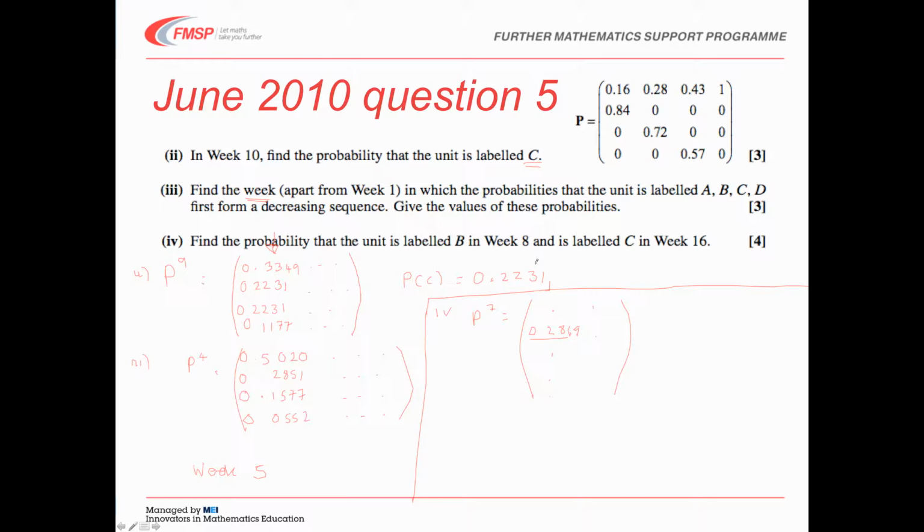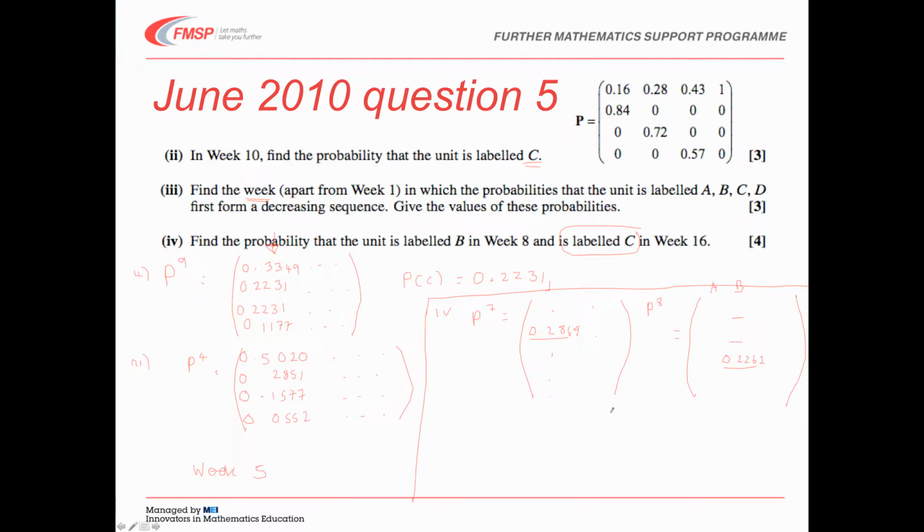So week 8 is like our starting week, and week 16 is 8 weeks on from that. So what we need to work out is p to the power 8. And we're starting not from A, but from B. We want the probability it's labelled C, so we want the B row, the C element, which is 0.2262.